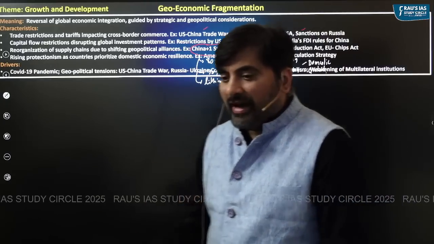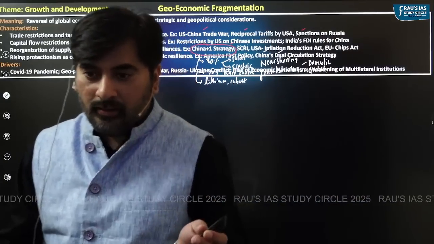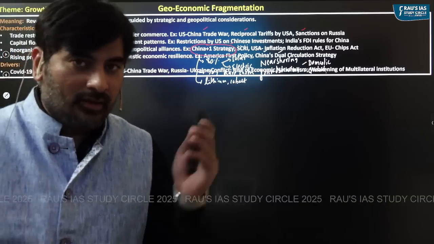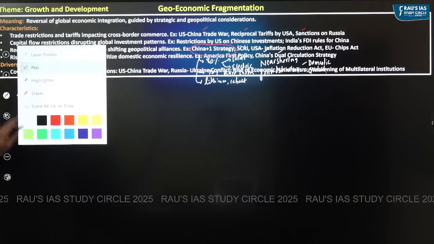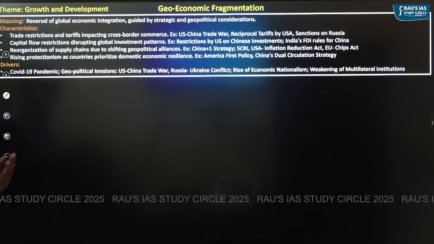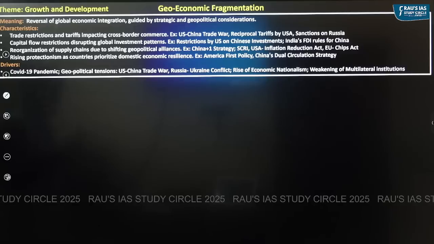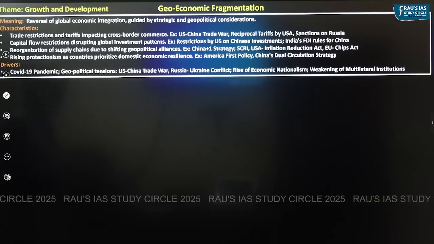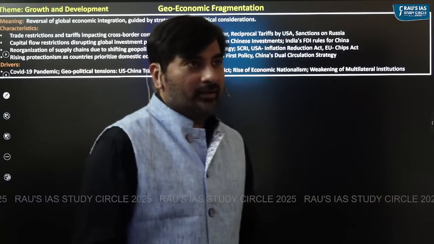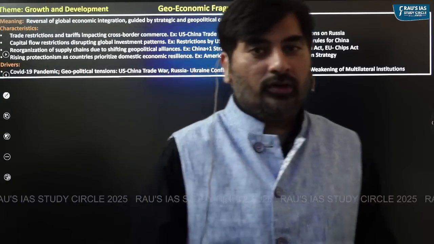And now, some of the drivers, the factors as to why geo-economic fragmentation is taking place. You can see the factors here: the COVID-19 pandemic, geopolitical tensions like the US-China trade war and the Russia-Ukraine conflict, the rise of economic nationalism, or weakening of multilateral institutions such as the WTO.